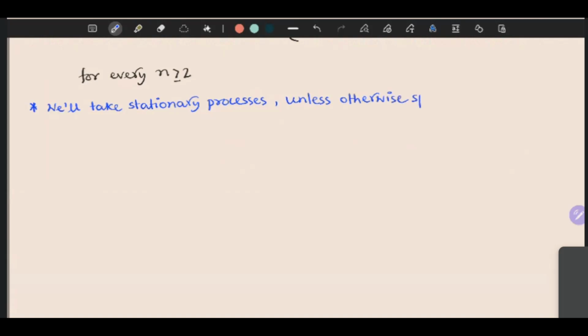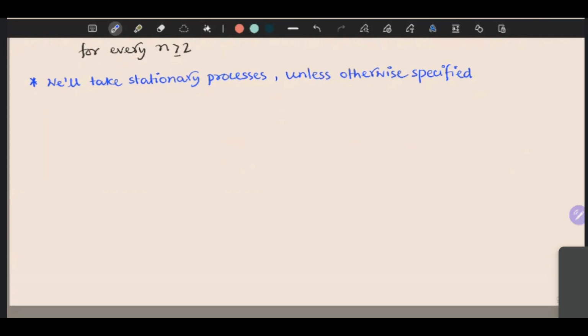Now we need inputs for the stationary probabilities Pj and the conditional probabilities, right? These are a priori independent quantities: the stationary probability Pj and the conditional probability do not depend on each other.